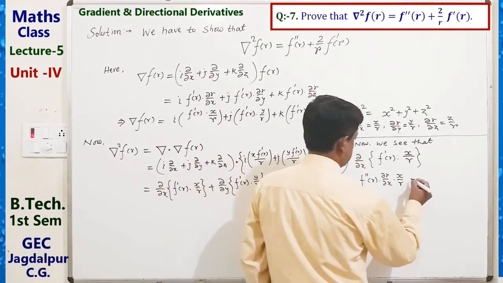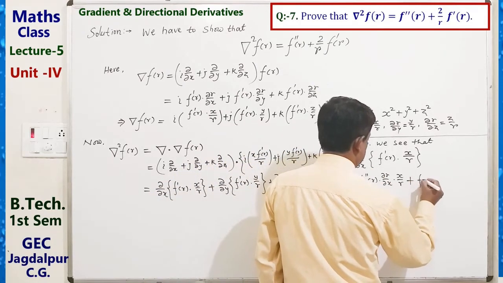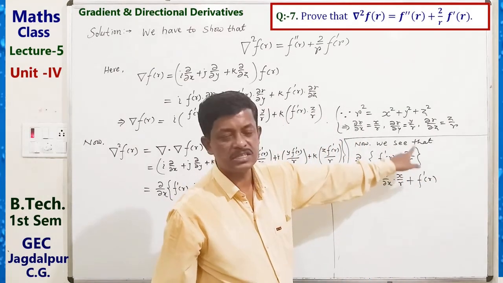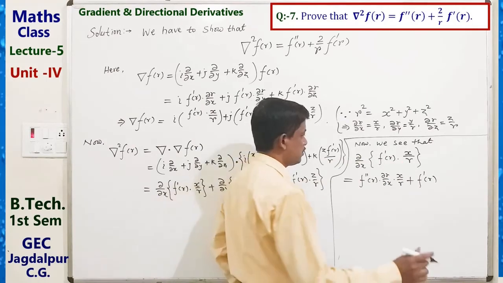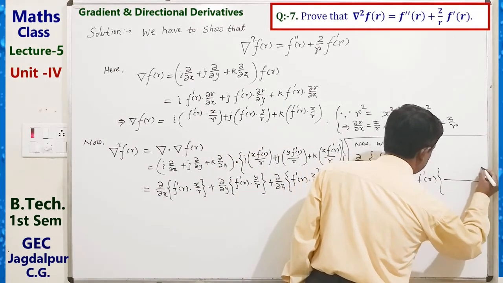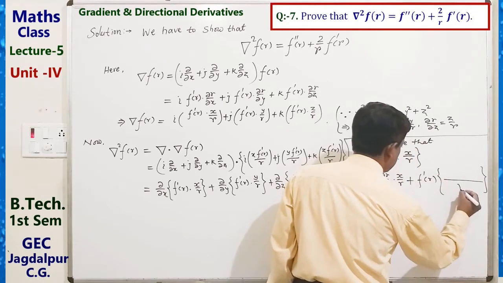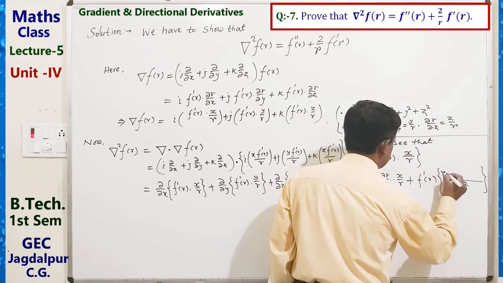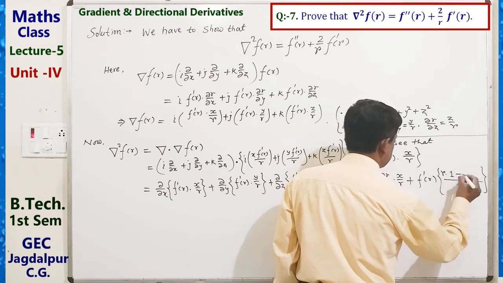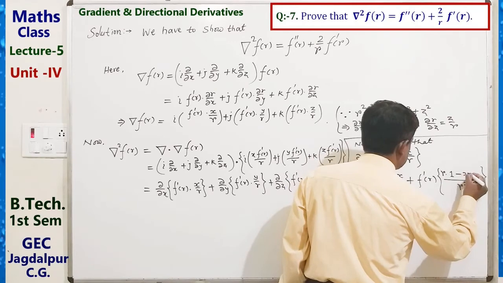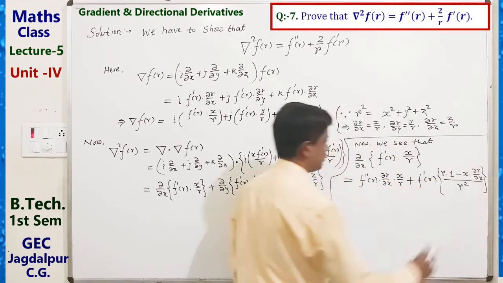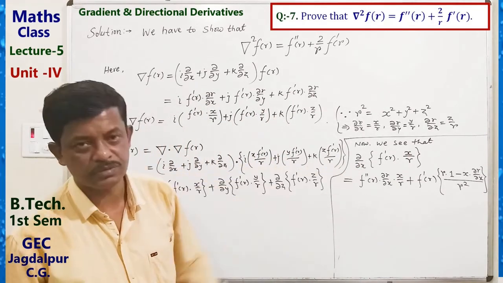Now the second part: f dash r as it is, and differentiate x by r with respect to x using the division rule. Denominator r square, numerator derivative: r times 1 minus x del r by del x. Now del r by del x equals x by r.